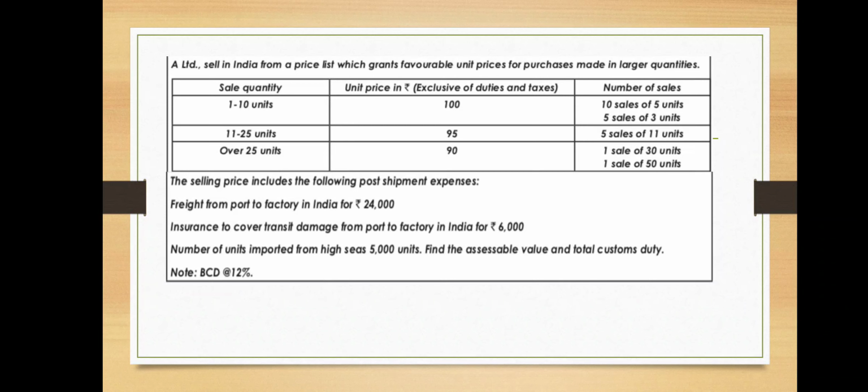So 10 sales they made for 5 units and 5 sales of 3 units. So we can multiply 10 into 5, 50 units, 5 into 3, 15, total 65 total quantity sold at each price we can get.